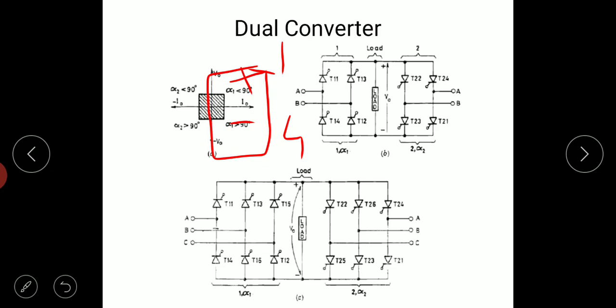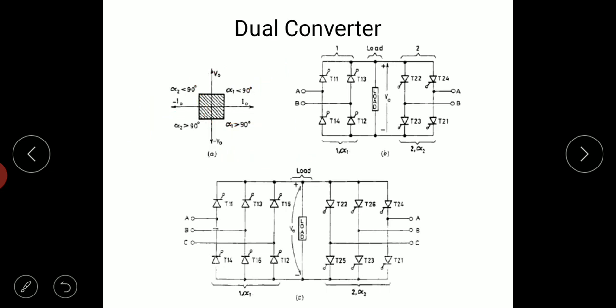So for quadrant 2 and quadrant 3 operation, again we can use a full control converter, either single phase or three phase, but we will have to connect it in opposite direction so that the current is negative. We only have to connect a second converter with opposite polarity.